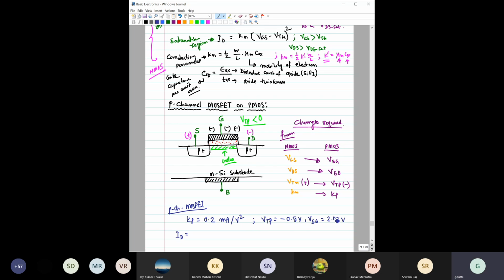I asked you whether the transistor is operating in saturation or not. You have answered that it is in saturation, so could you please explain why? Sir, VSG should be greater than minus VTP. So that holds, but how are you finding the drain potential?